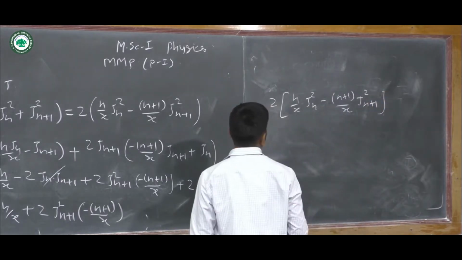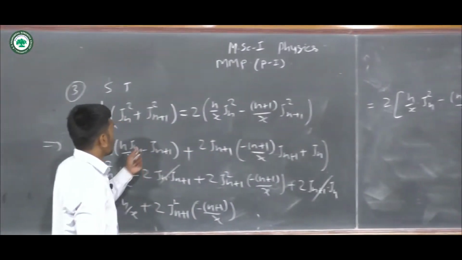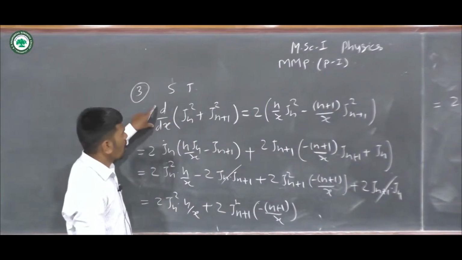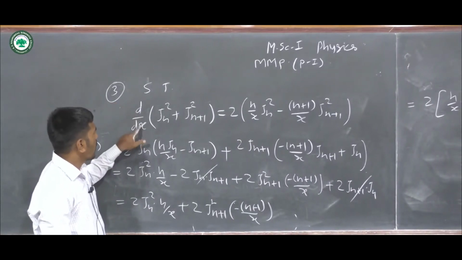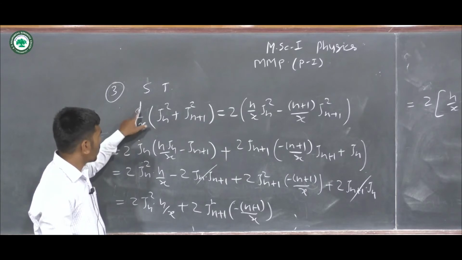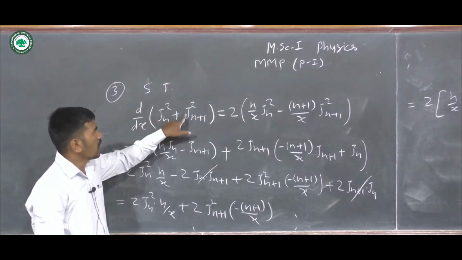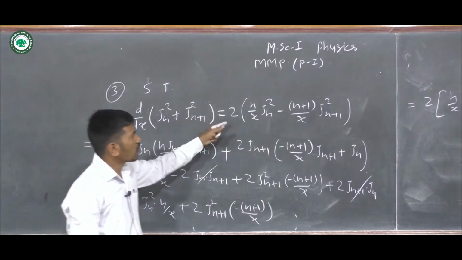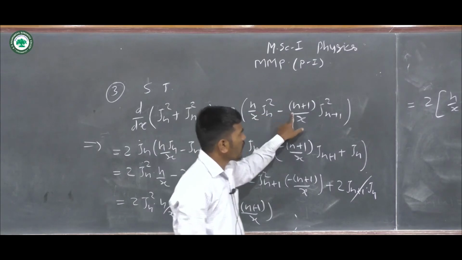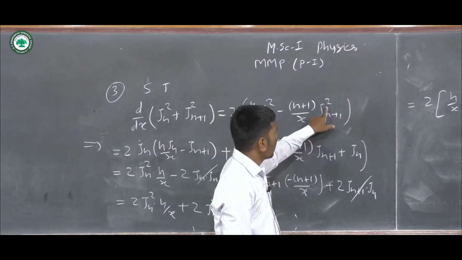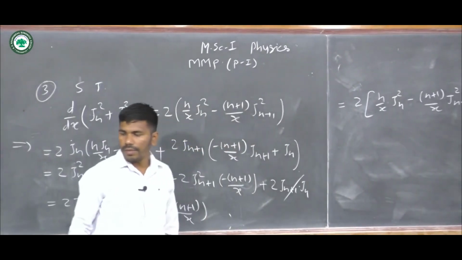This is the result we want from the given example: d by dx of Jn square plus J square n plus 1 is equal to 2n by x Jn square minus n plus 1 over x into J square n plus 1. This is the result.